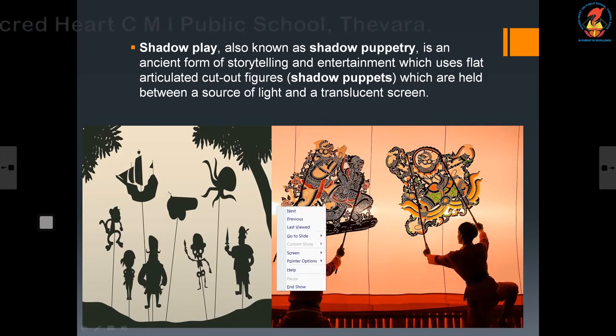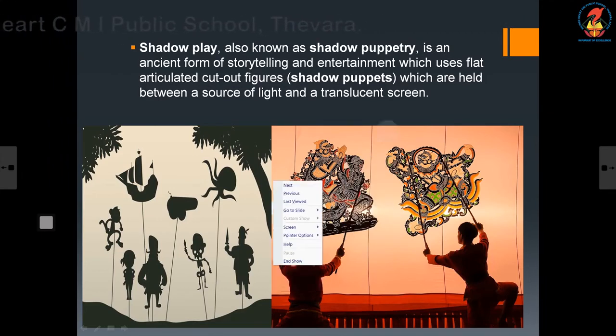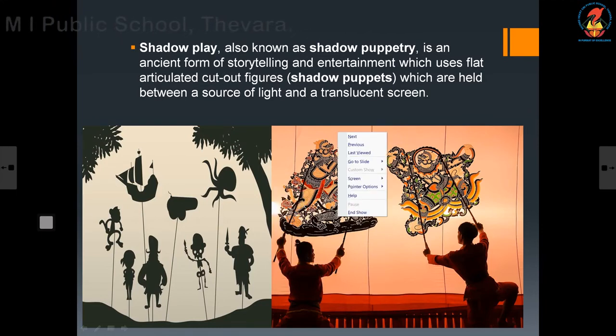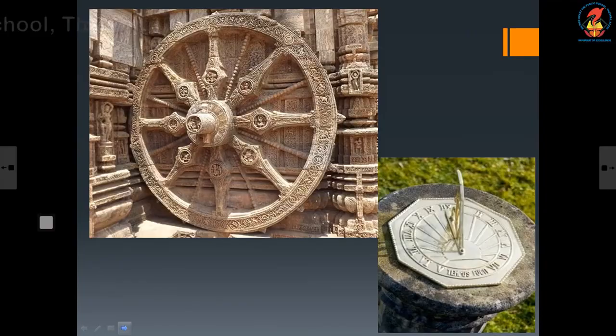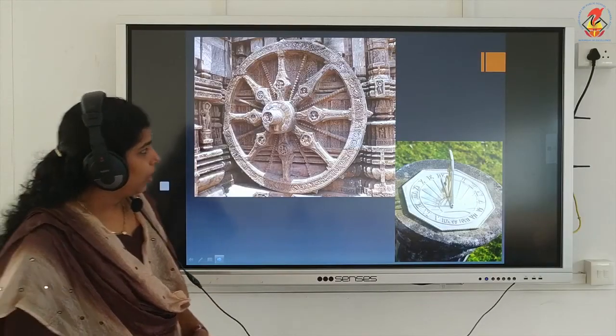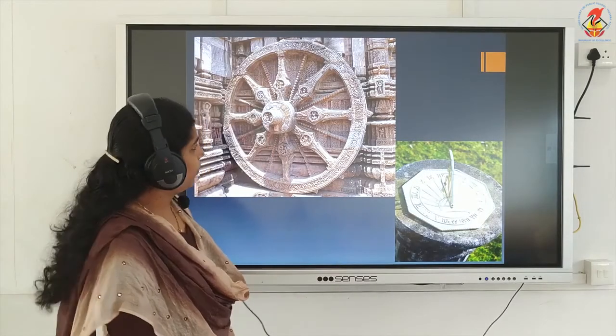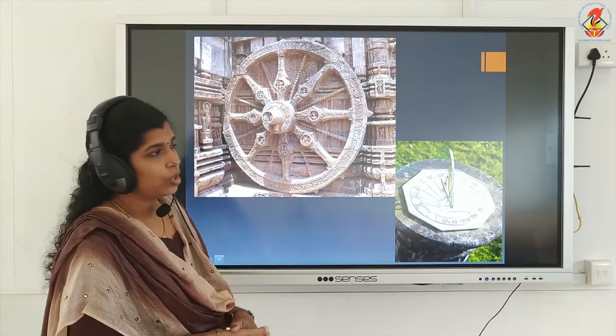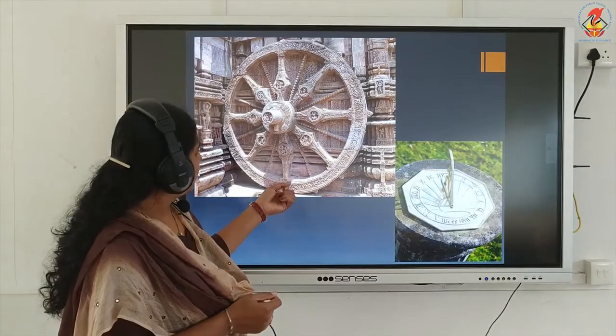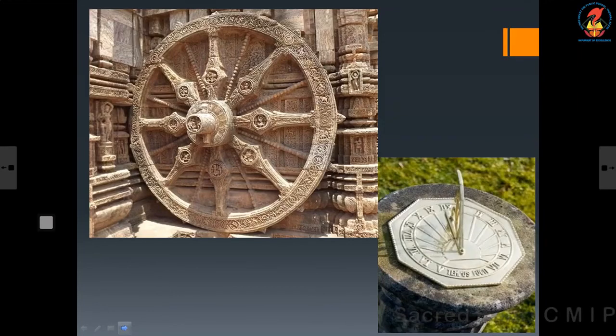When light falls on this object, its shadow will be formed on this screen. This one is a translucent screen. It is in Konark temple. Depending upon the shadow, we can find the time.